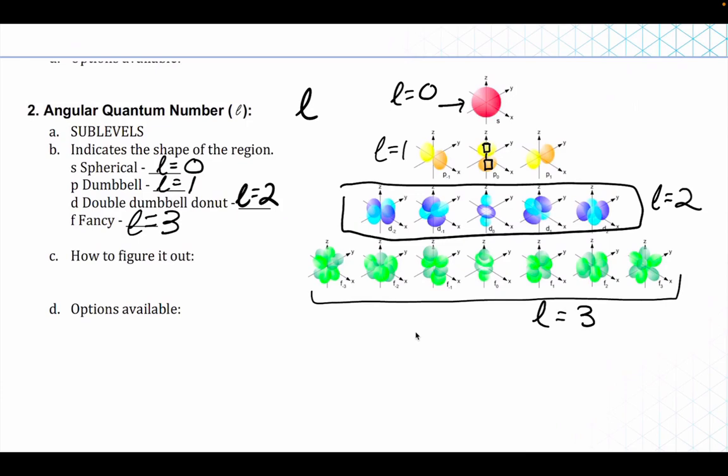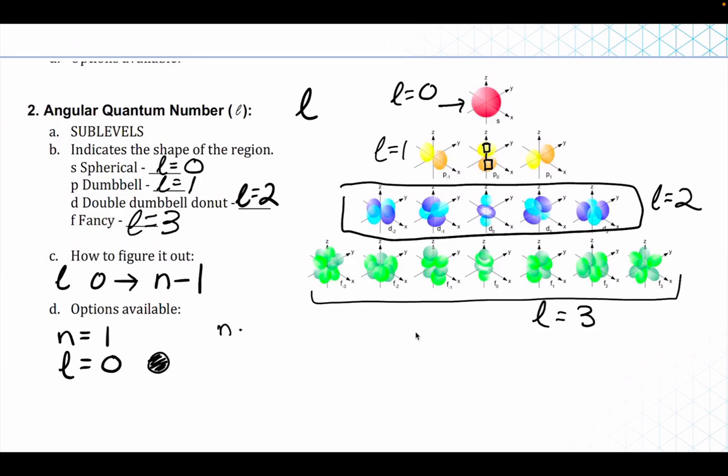So how do I figure out the angular quantum number L? I realize that L is going to go from 0 to whatever the n value is minus 1. So, for example, if n equals 1, L equals 0. So in the first energy level, I'm only going to have that spherical shape.